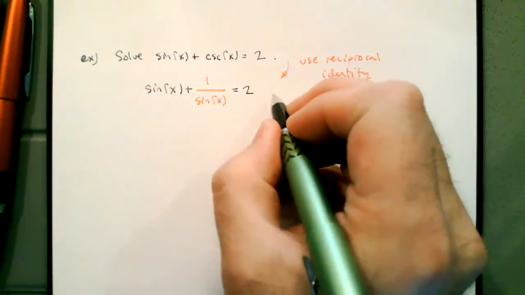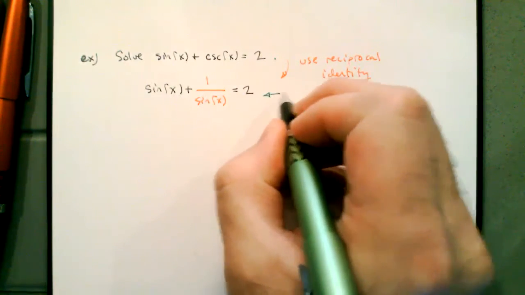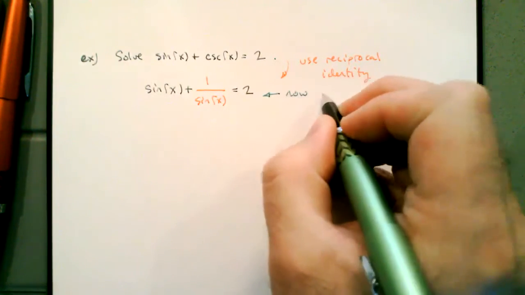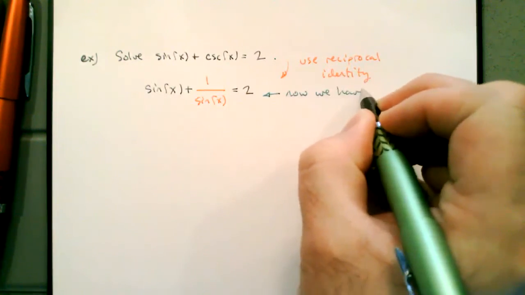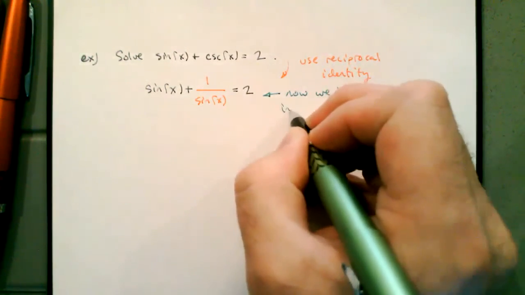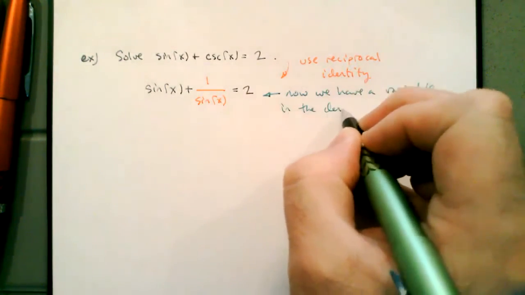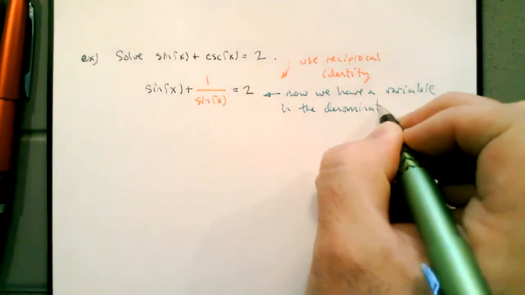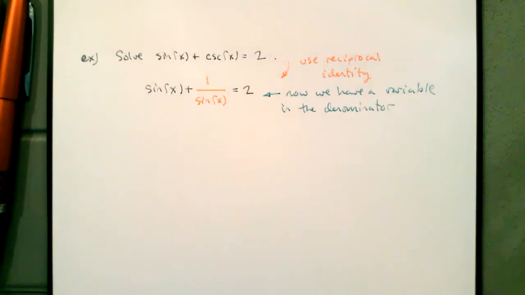So now there's a variable in the denominator. So now we're pretty happy. We've got a variable in the denominator, which gives us something to do. I can solve it like a rational equation.